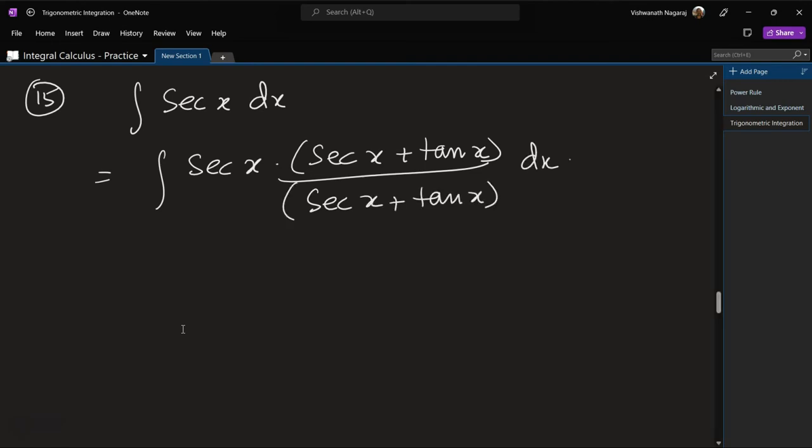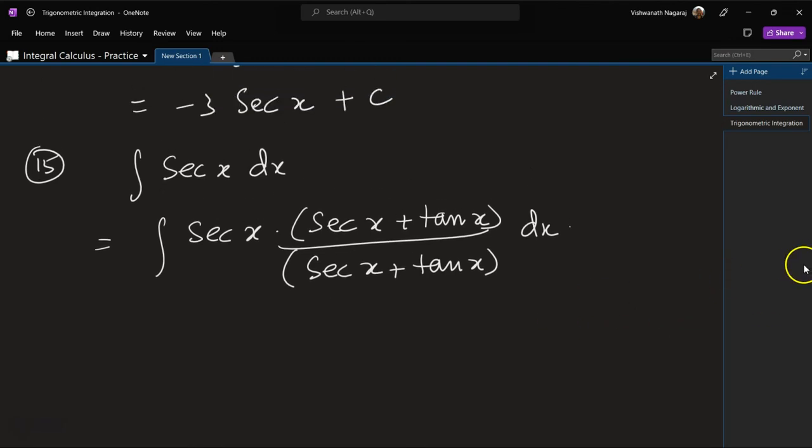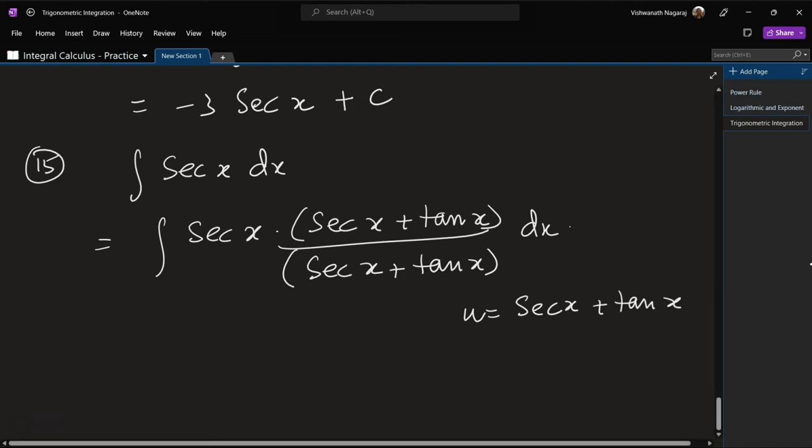Now, why are we doing this? Because when we multiply it out, we get sec square x and sec x tan x, right? So now if we do this, what happens? Let's say u is equal to sec x plus tan x, right? Now if we differentiate it, we get du is equal to sec x tan x plus sec square x dx, right?